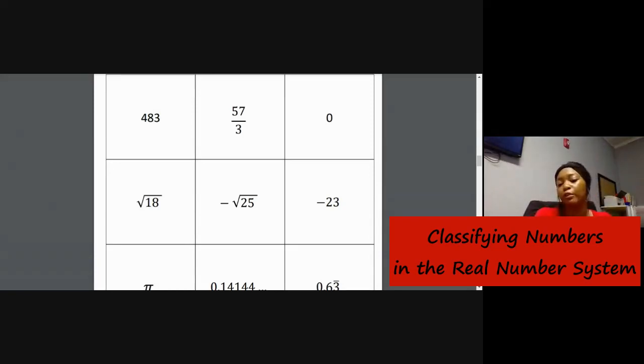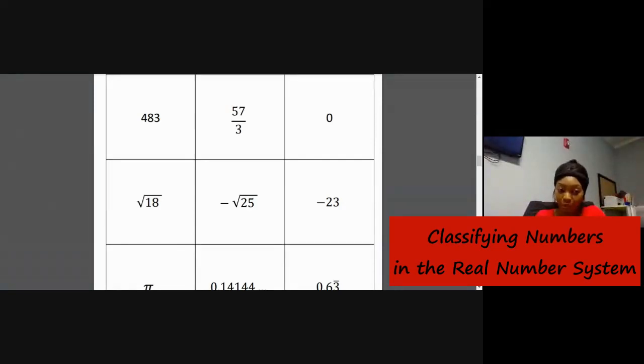That's what negative is for: explaining when somebody takes something away beyond 0, when you don't even have it to give. So negative 5 is not natural.